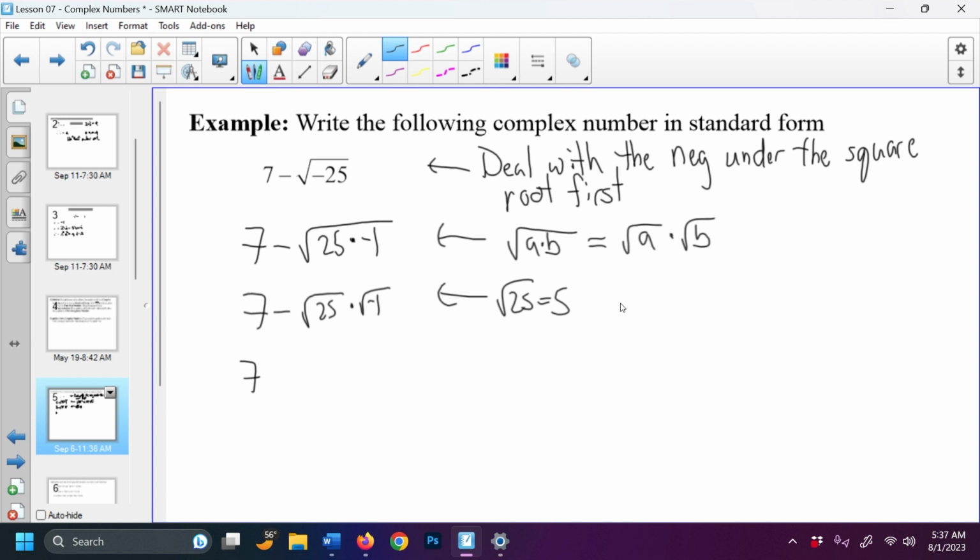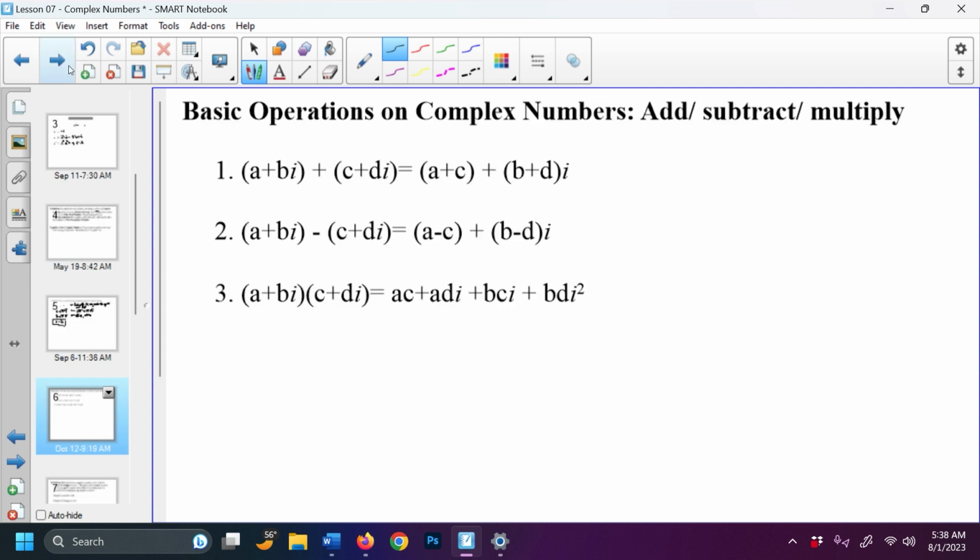And from the last pages that we've been talking about, the square root of negative 1 is just i. These are unlike terms, and this is in that a plus bi form, so that is our final answer.